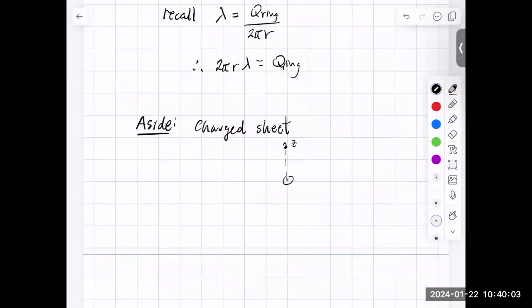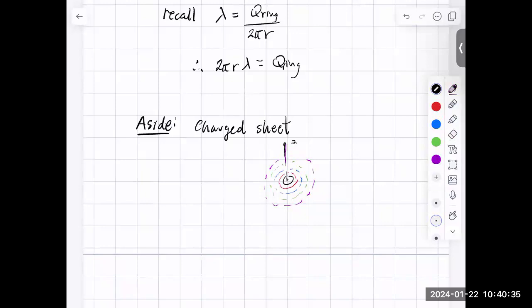It's just given by what we just did. We would take those expressions, and then I'm going to surround that with a second ring. It just has a different radius. And then I'm going to take a third ring, and it has a different radius. And then I'll take a fourth ring, and it has a different radius. And I could calculate the electric field at point P due to all of these rings.